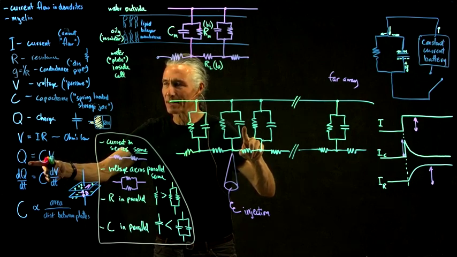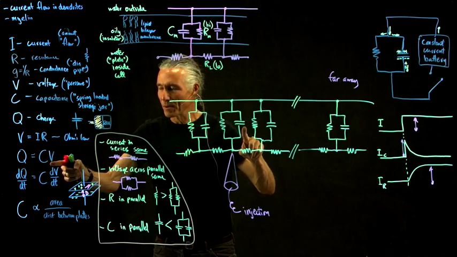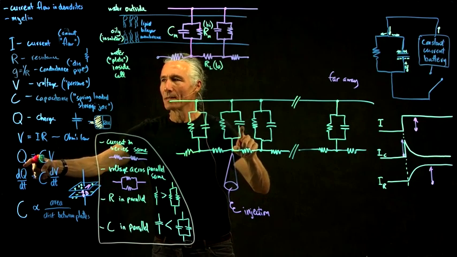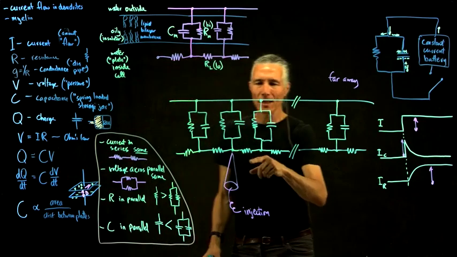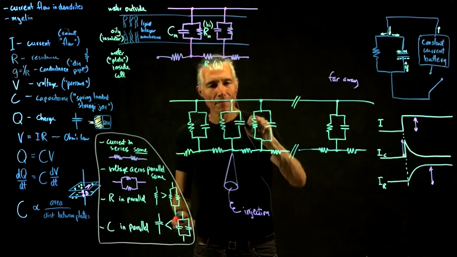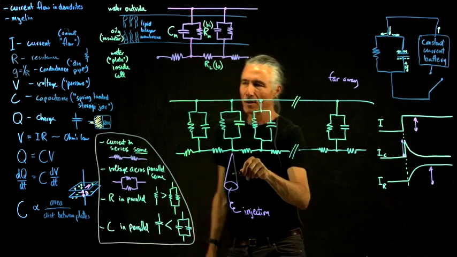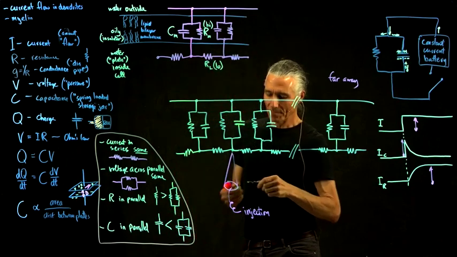So after everything has settled down and the voltage is not changing anymore, there'll be a fixed voltage, and a fixed amount of membrane capacitance, so we can figure out how much charge there should be. This guy will be pretty charged because it's near where the current is flowing.